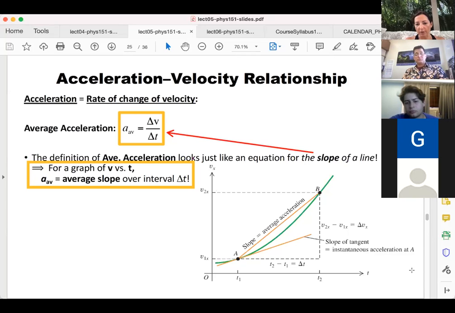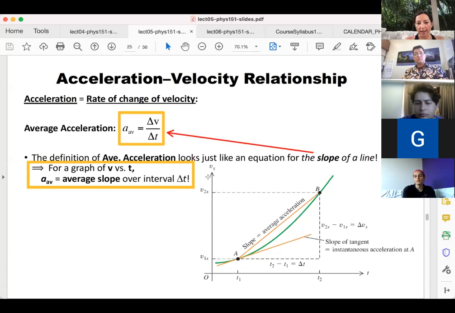We still have our T, the time, but here we don't have the displacement X anymore. Now we have the velocity. We put our points B and A, B with a certain V2, A with a certain V1.